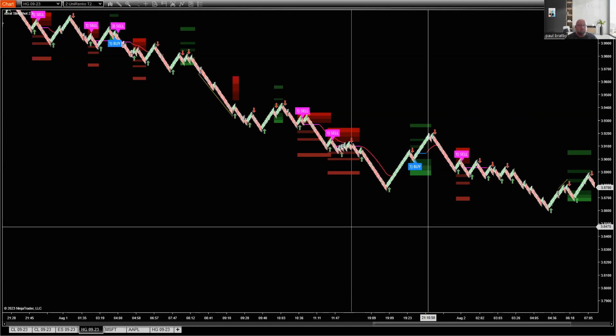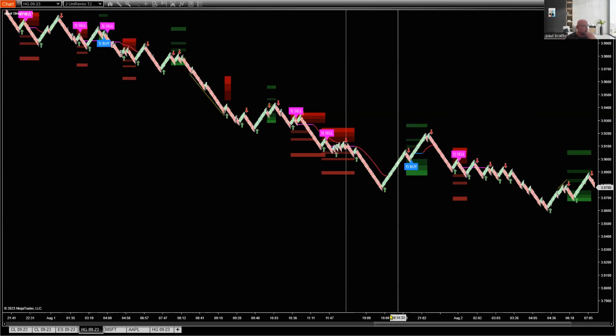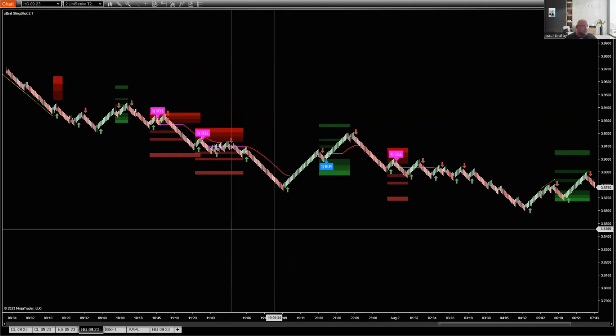For my instrument, copper, I need to figure out which time frame today is the best time frame to trade, and then I've got to tie in whether that works with my trade.